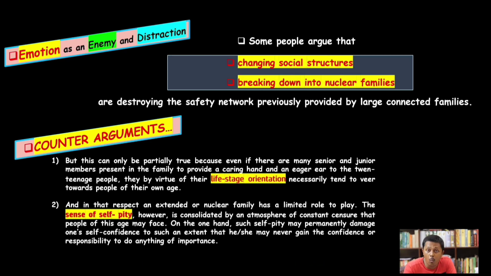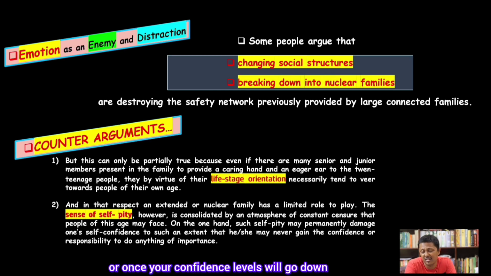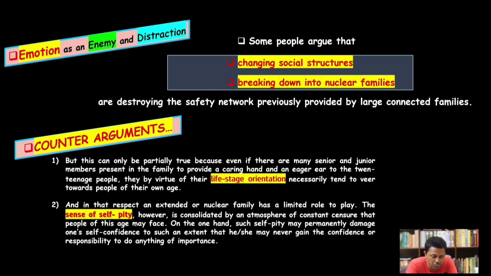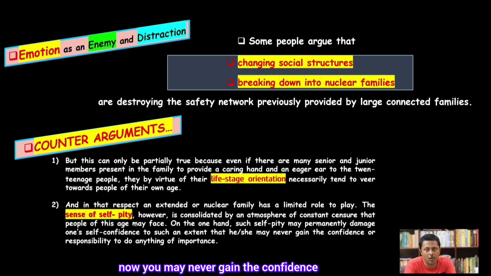Once the desolation comes within you, self pity will bring you down to such a low extent that even in important situations your confidence level will go lower. And once your confidence goes down, you may never gain the confidence or the responsibility to tend to anything of importance.